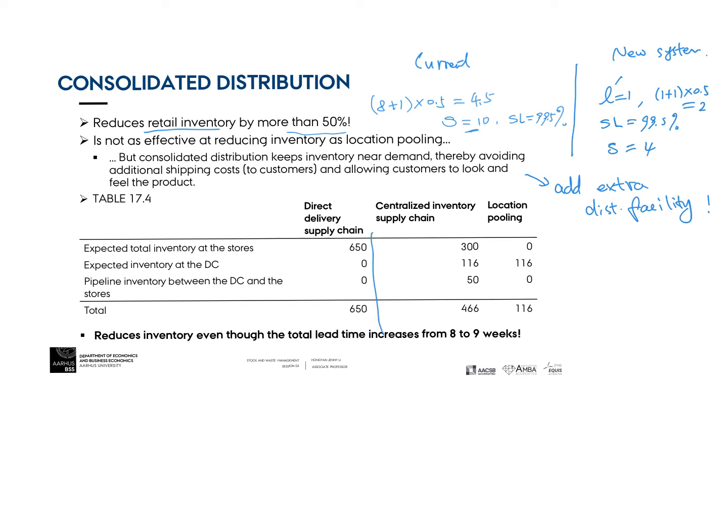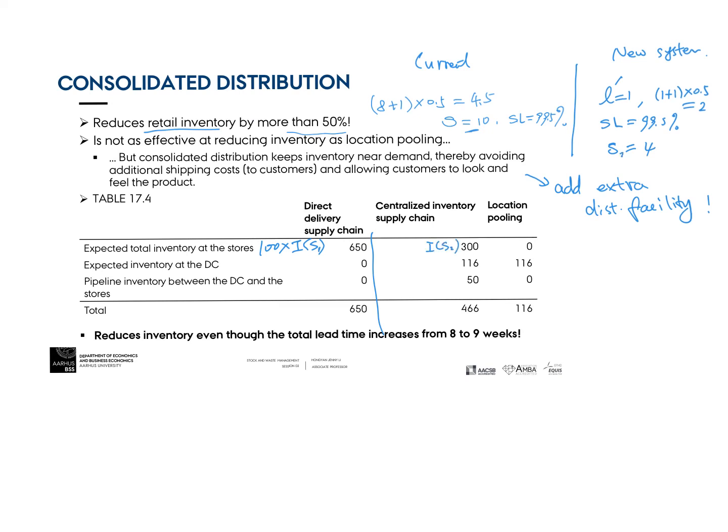The expected total inventory at the stores is 650 if you continue to do the calculations for S across 100 stores. For the centralized inventory supply chain, you can also calculate it: if this is S1, now you have S2.